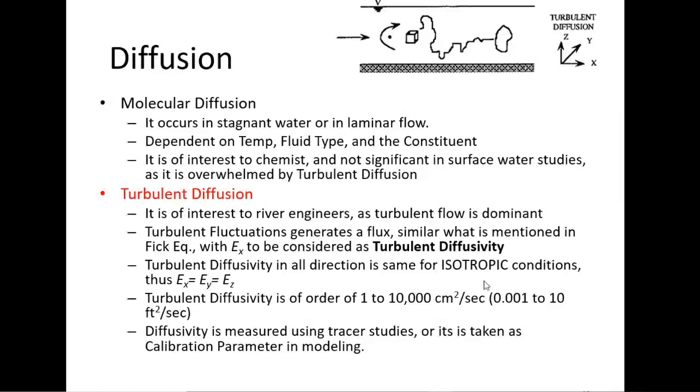We cannot directly measure this turbulence diffusivity. Like we can measure the molecular diffusivity for certain tracers, and it is reported in the literature. But turbulence diffusivity, we take it like a Manning's N coefficient, as a calibration coefficient.